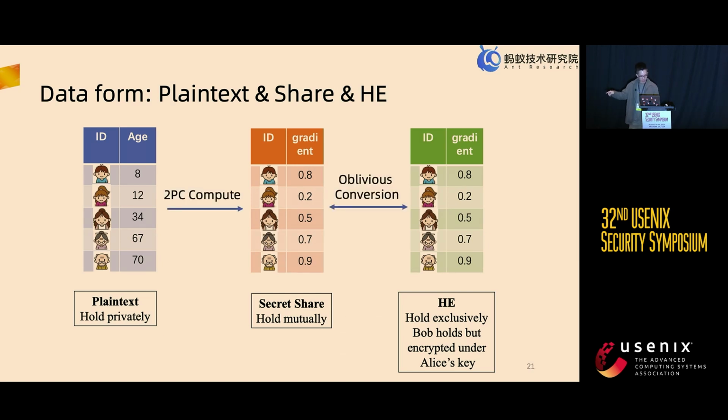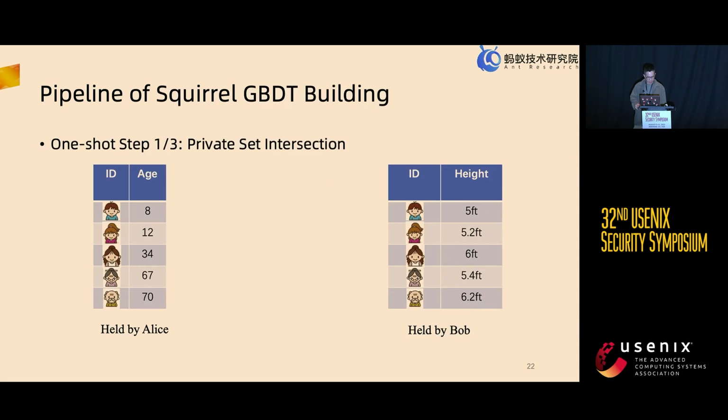From the plain text to the secret share, we will invoke some 2PC protocols, and we will also convert between the secret share and homomorphic encryption, obviously.